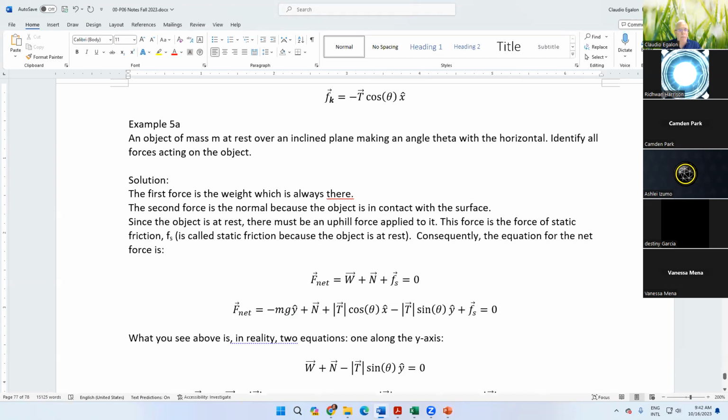Since the object is at rest, there must be an uphill force applied to it. This force is the force of static friction. So in total, we must have 3 forces. And the net force is written as, like that.